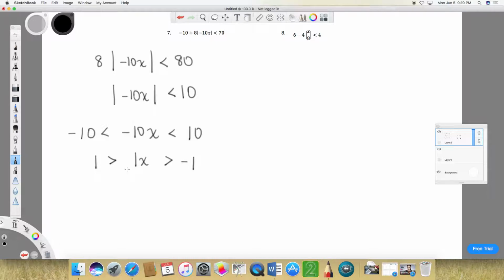Now, I like to have the arrows all pointing to the left. It helps me match this up when I graph it on the real number line. So if I write this side as negative 1, the arrow is pointing towards negative 1, and it's still pointing towards x.